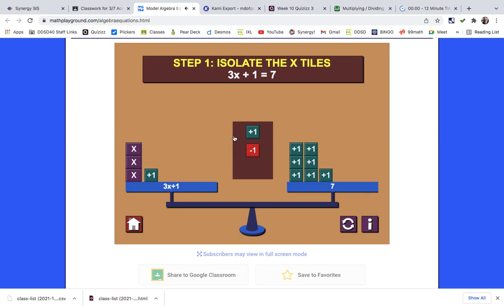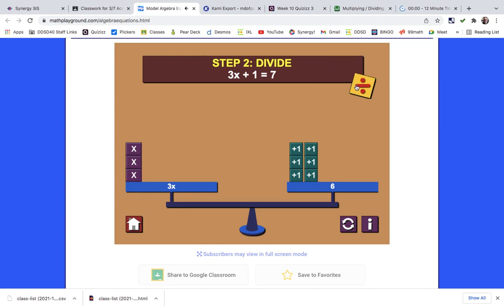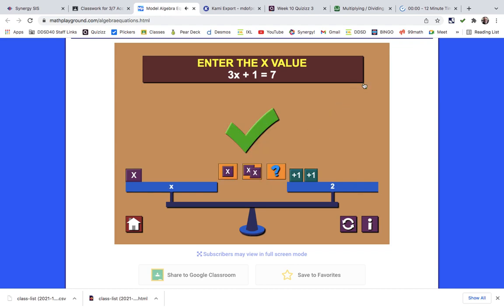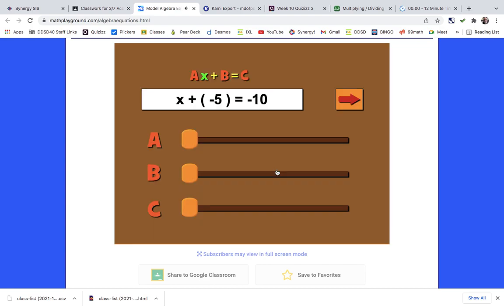And then to isolate the variable, I need to get rid of this plus 1, and so I put a minus 1. Those zero out, and then I divide. And each one of these x's gets 2 of the plus 1, so the answer is 2. And then you can also make your own.